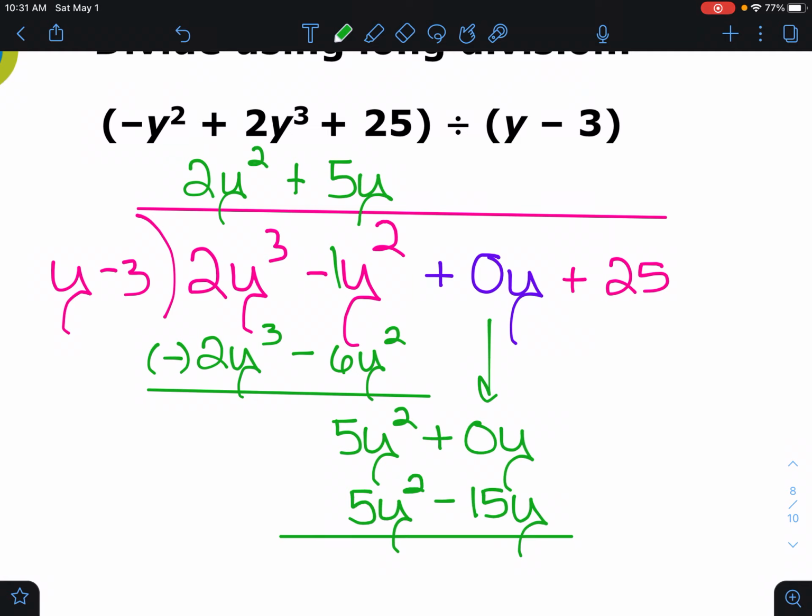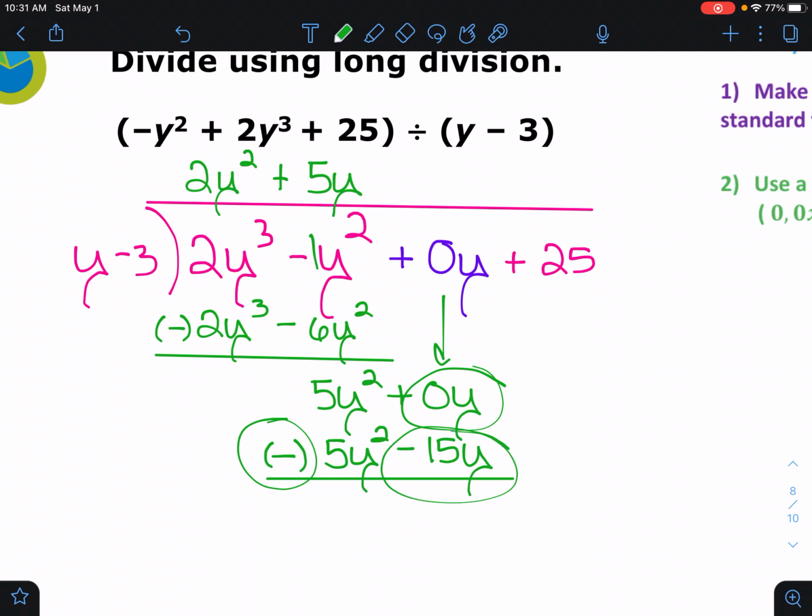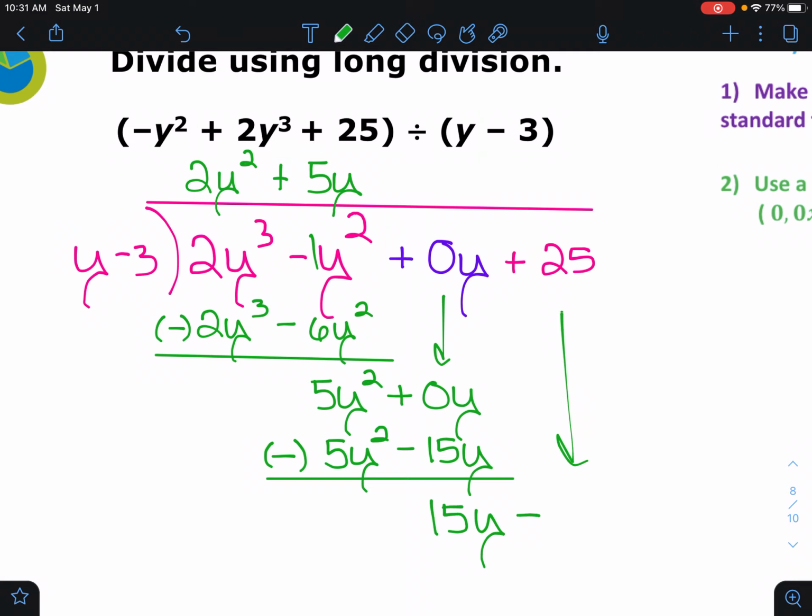Draw my line and subtract. Again, I put in parentheses. Now, what is 0y minus negative 15y? So 0 minus negative 15 is positive 15. So this would be positive 15y. And I'm going to bring down now my positive 25.